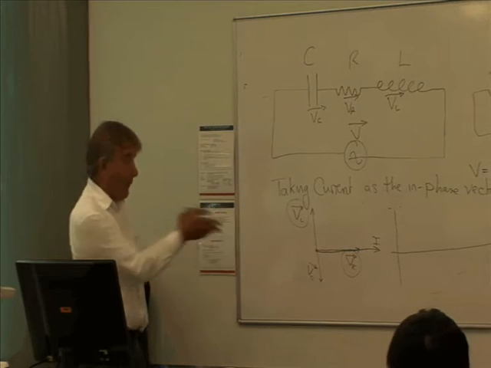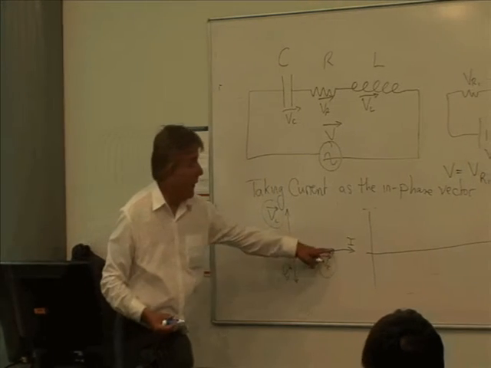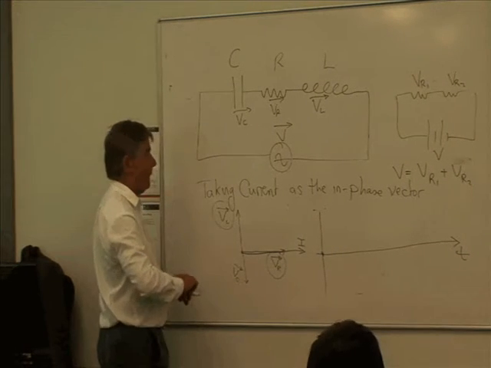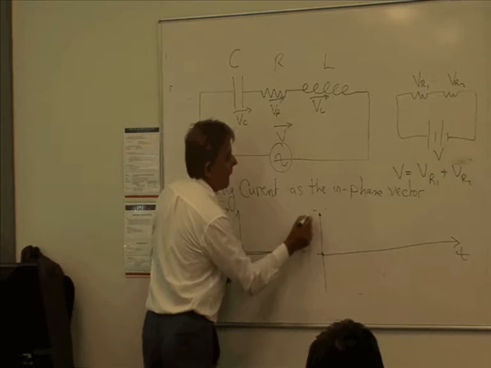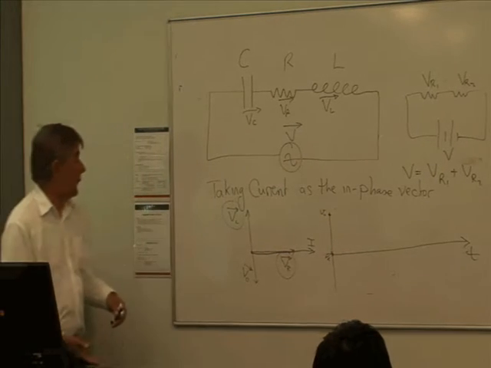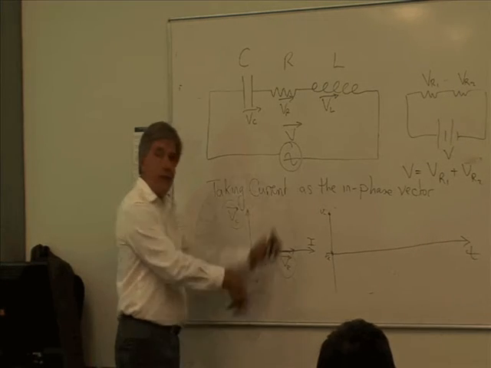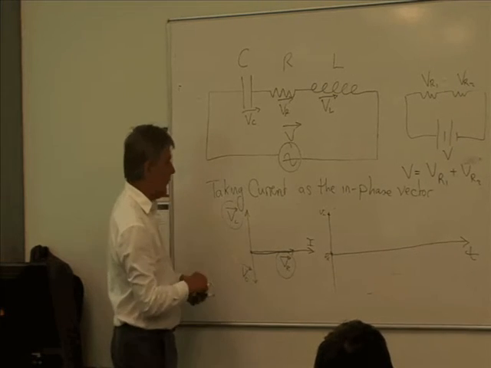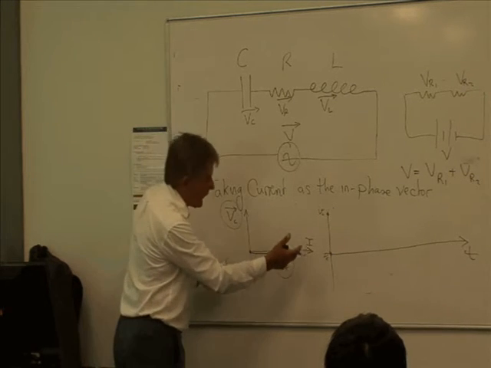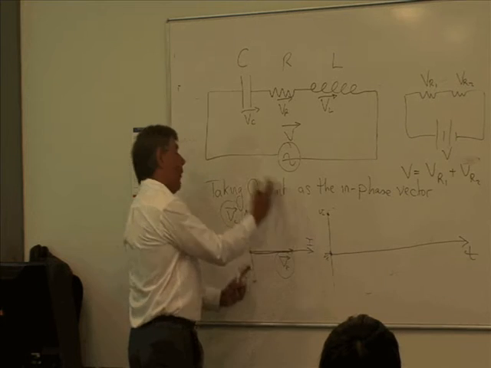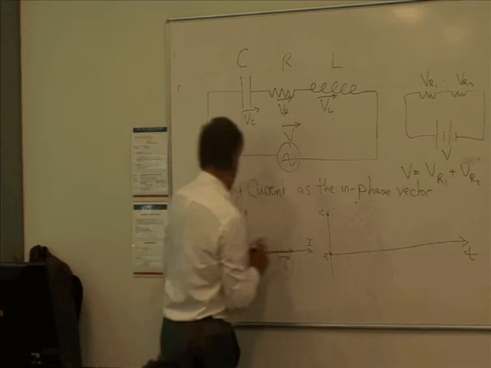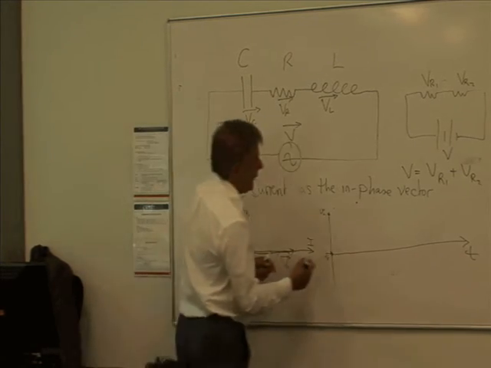Now at time 0, that's now, VR is on the axis, and VL is vertical. At some time later, these vectors are all rotating around at the same frequency. Sometime later, when they've turned through 90 degrees, VR is now up here, and VL has gone back to 0.